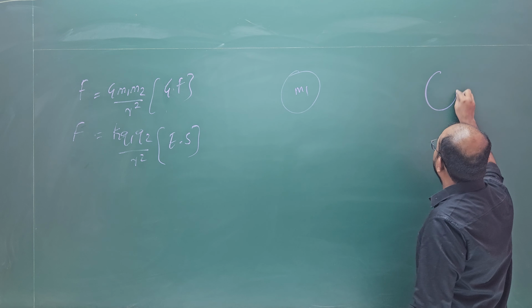Yes or no? It will become like this. They are in contact, even though before getting in contact, there is no contact between them. Still there is a force of attraction. Yes or no? Okay. So the second condition, they may or may not be in contact.